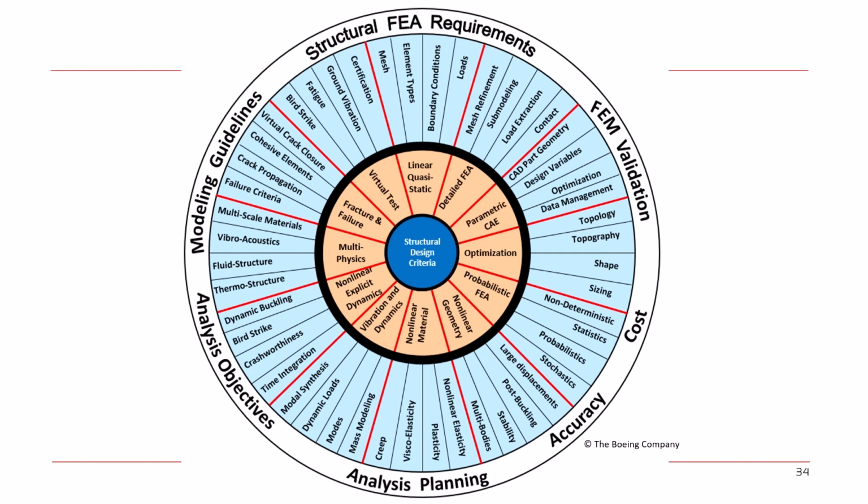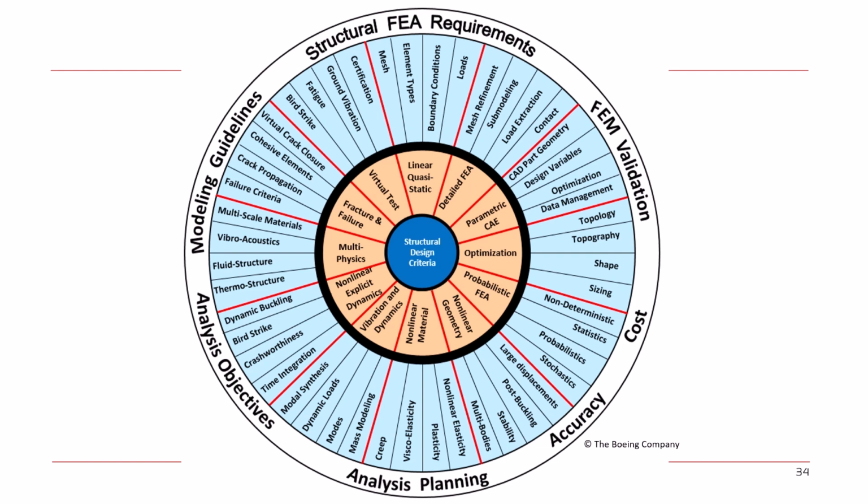For example, linear static analysis, fracture and failure mechanics, parametric CAE optimization, nonlinear geometric analysis, nonlinear material analysis, vibration and dynamic. These are the structural design criteria you need to analyze. With each criteria, you have different competencies that you have to learn. And you see there are many of them.